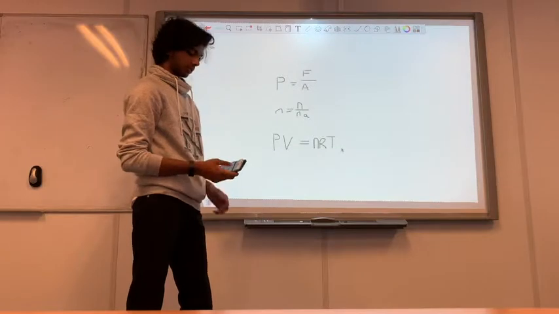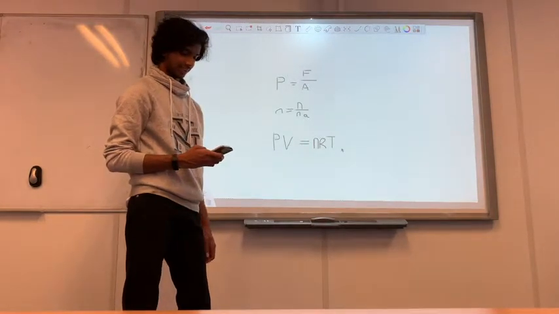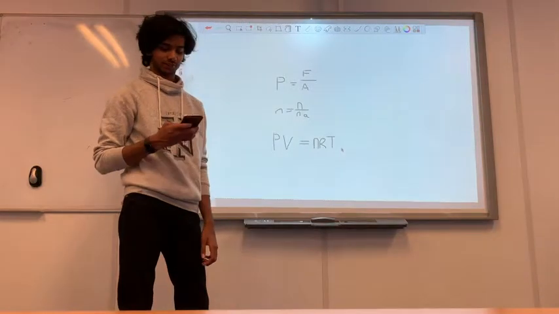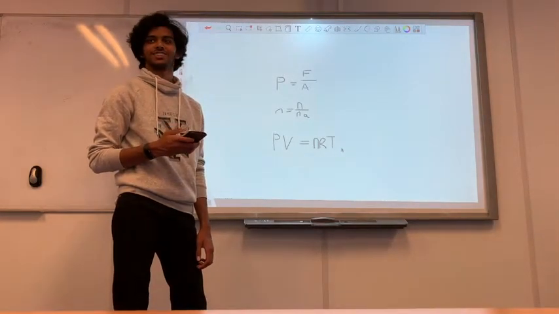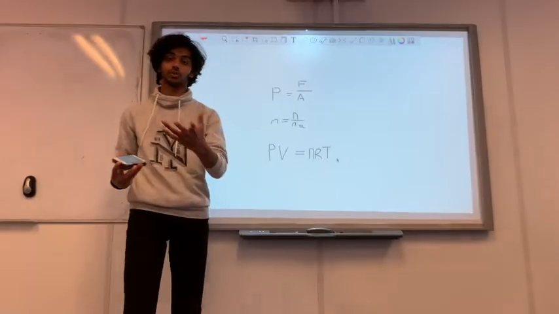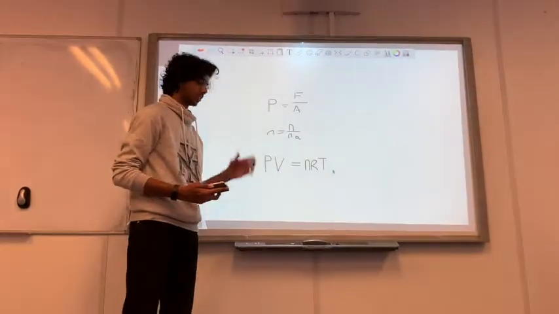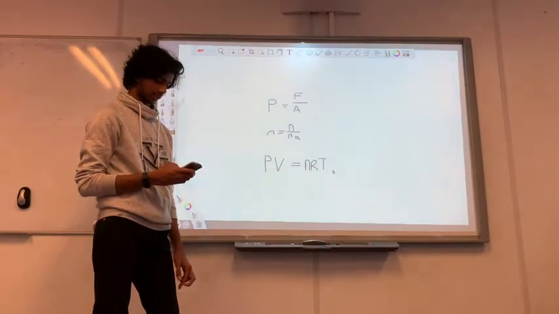Then R equals another constant, 8.31, also known as the gas constant. This is also an equation that's shared with chemistry, and you'll see it appearing in our chemistry videos as well.